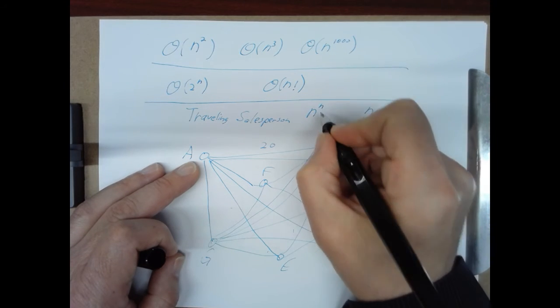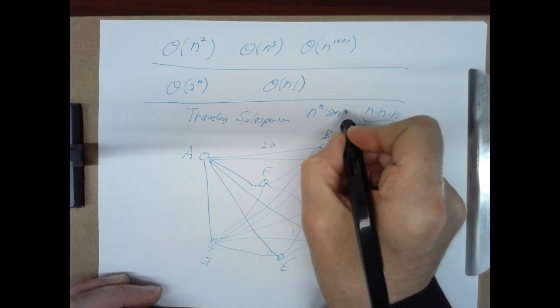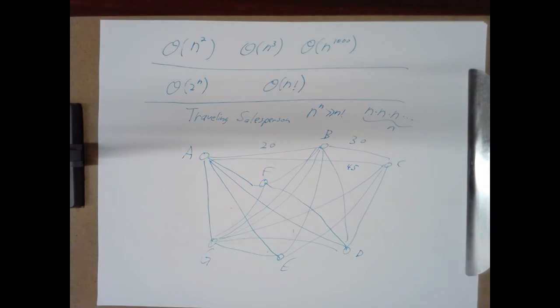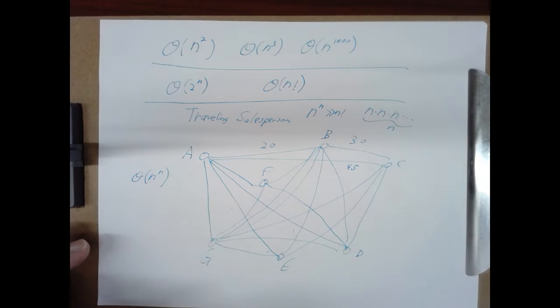That's actually n to the n possibilities, which is much bigger than n factorial. Because n factorial is like 100 times 99 times 98 times smaller things. 100 to the 100th is 100 times 100 times 100 times 100. Right, that's even worse. And traveling salesperson is order n to the n if we do the sheer brute force approach.